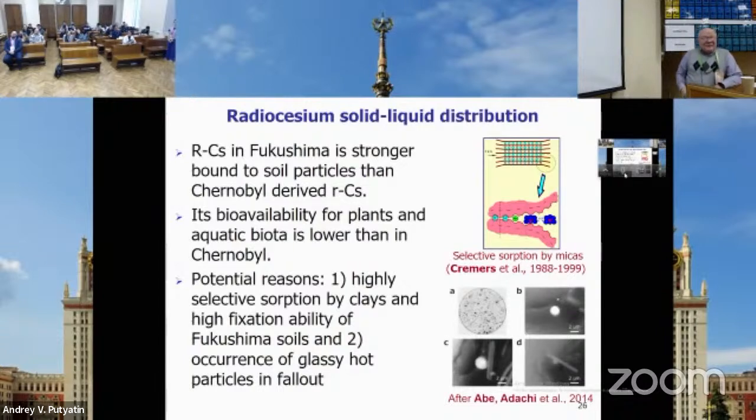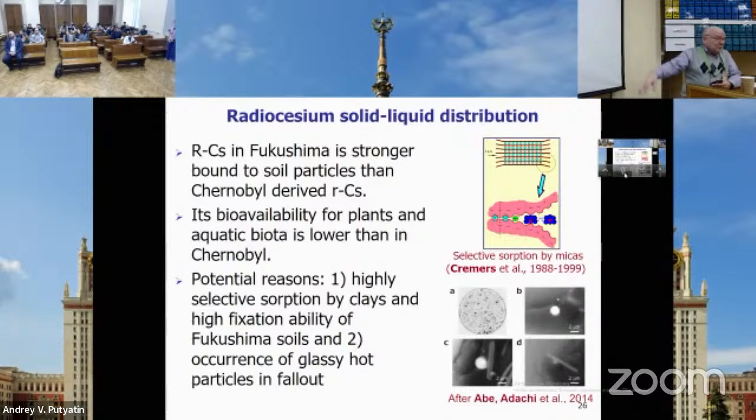What's happening? They pump the water to the tank, then they clean the water from the radionuclides. How do they do it? Actually, all radionuclides have specific sorbents which can catch them. For cesium, this is hexacyanoferrate or Prussian blue, a very effective sorbent.